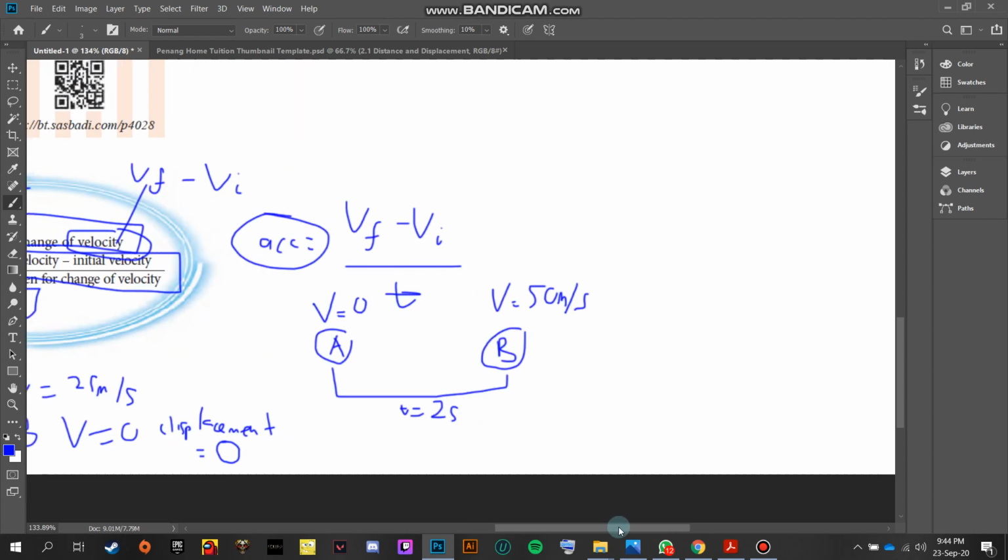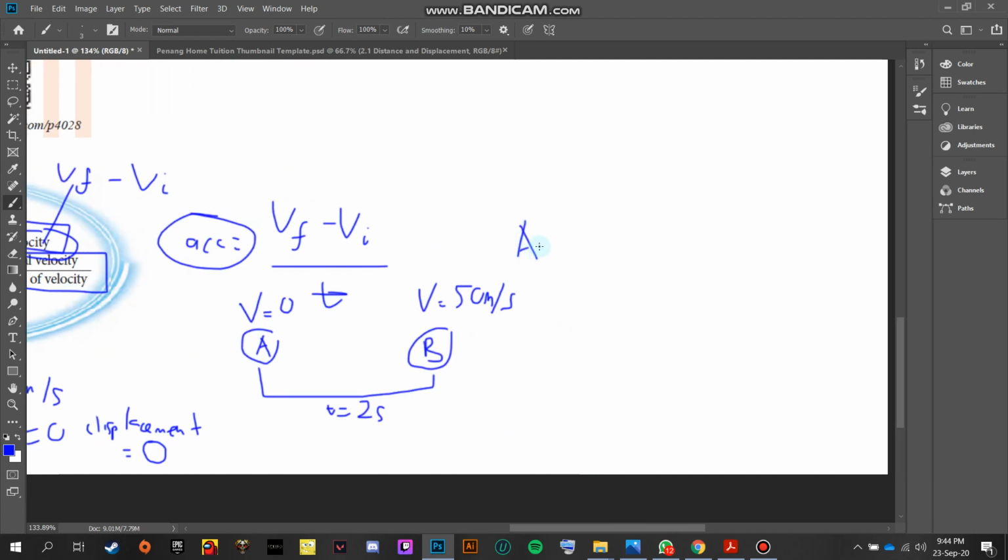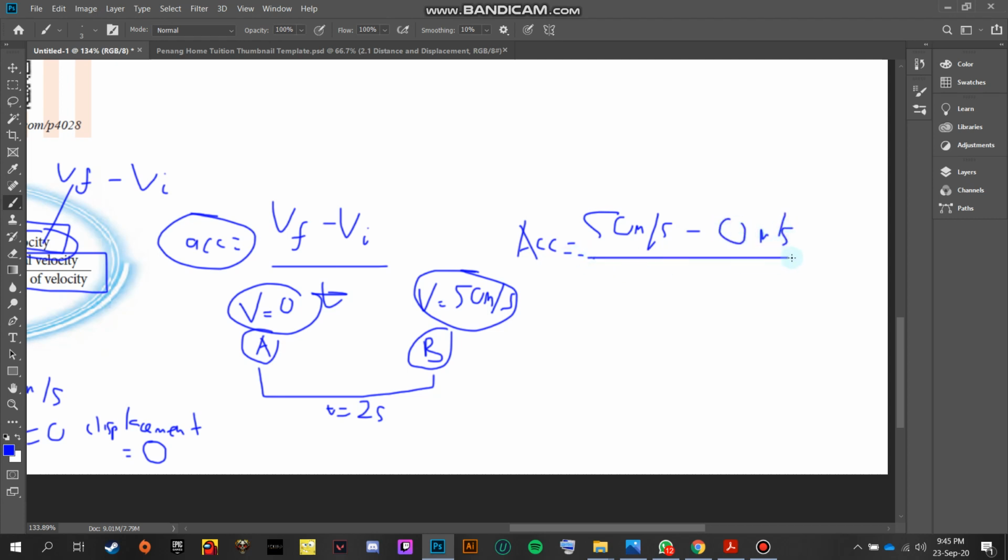So I would say that my acceleration would be my final velocity, 50 meter per second, minus my initial velocity, which is 0 because I haven't started the car yet, over the time taken to get from point A to point B, which is 2 seconds.